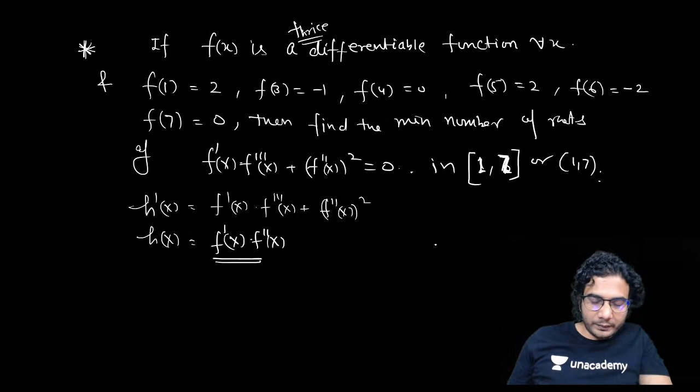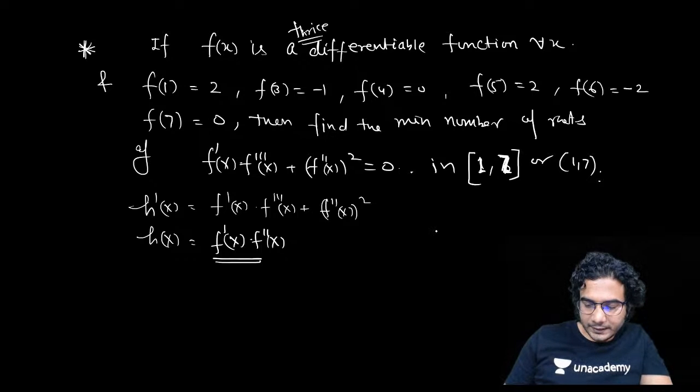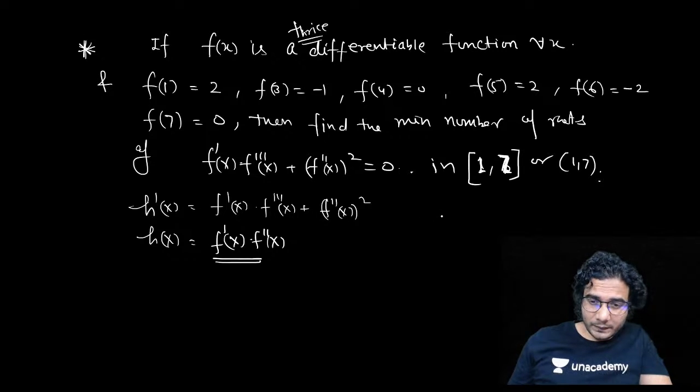It's f dash into f double dash. Are you understanding? Now there is no lag, right? There was a slight lag. You understood? It's a derivative of f dash into f double dash.